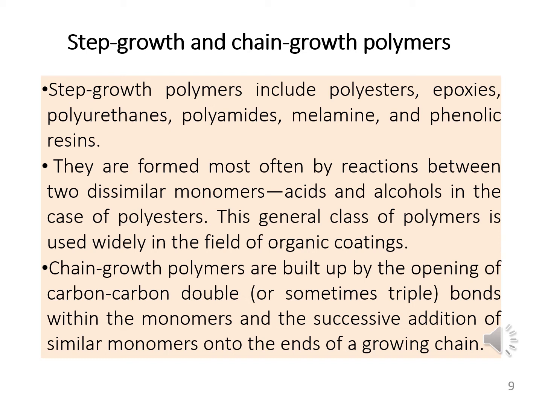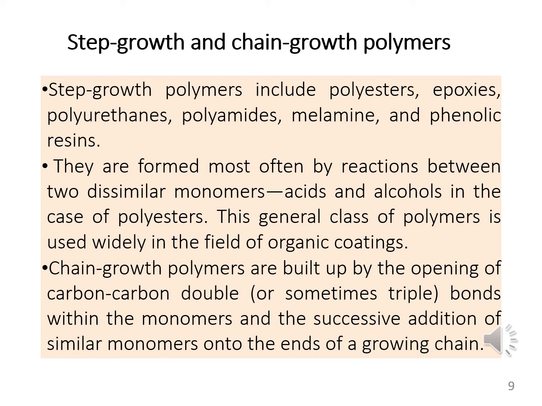What are chain growth polymers and how are they formed? Chain growth polymers are built up by the opening of carbon-carbon double or sometimes triple bonds within the monomers and the successive additions of similar monomers onto the ends of a growing chain.